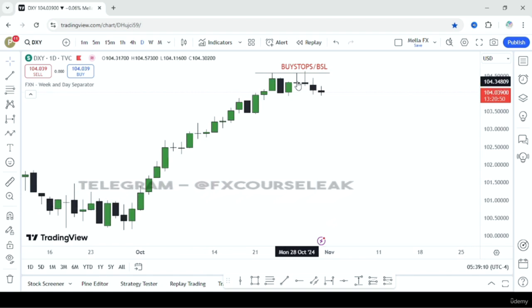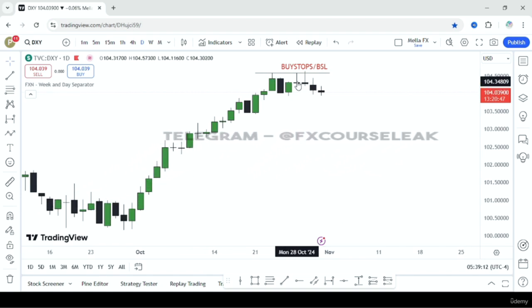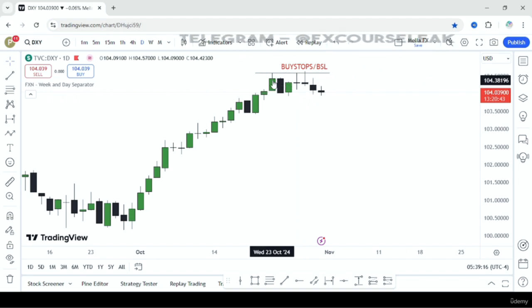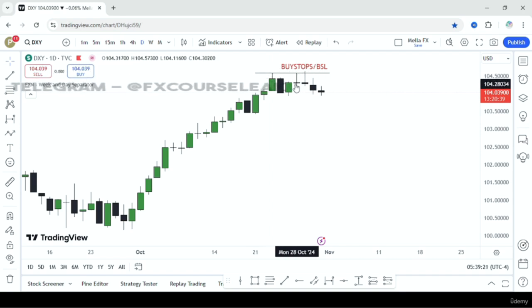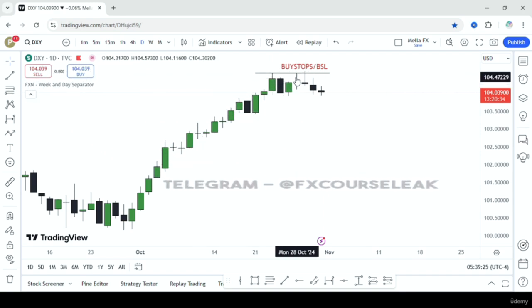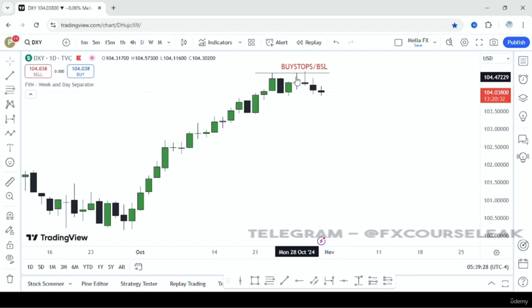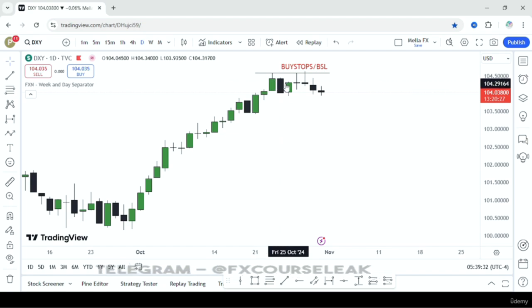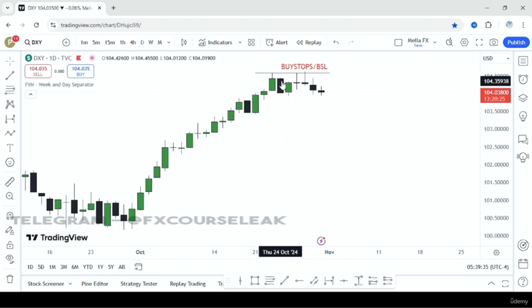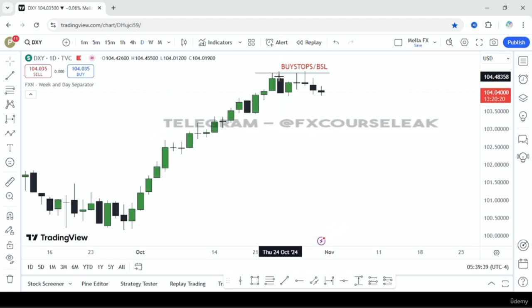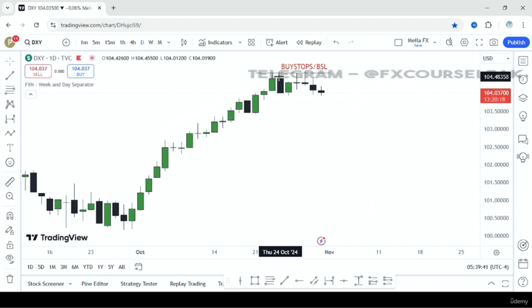Even on the 20th of October, we did not get a run above this swing high. Instead, we just created relative equal highs. This is essentially what we want to see in the market. The next daily high was just slightly lower and did not go above this swing high.